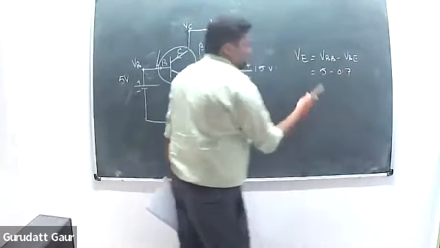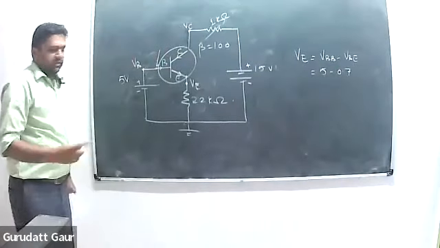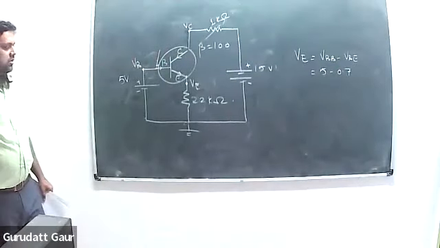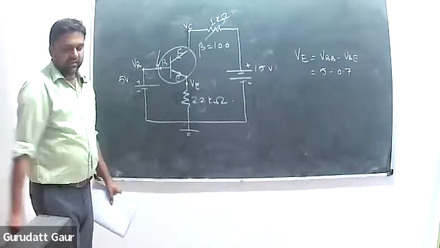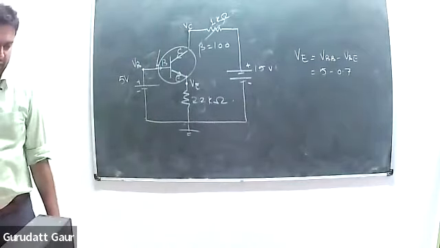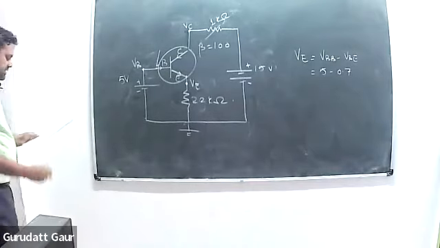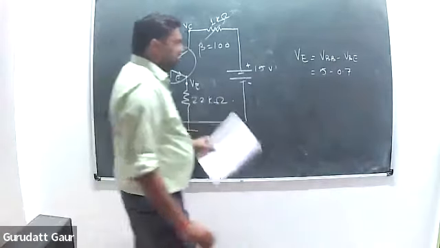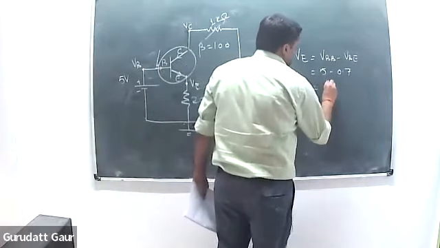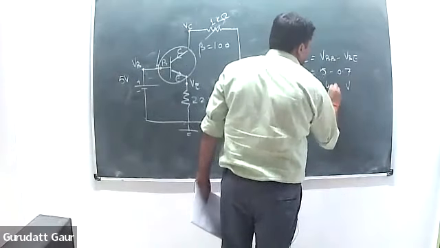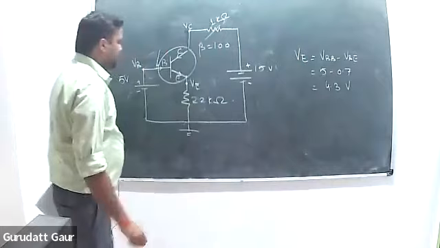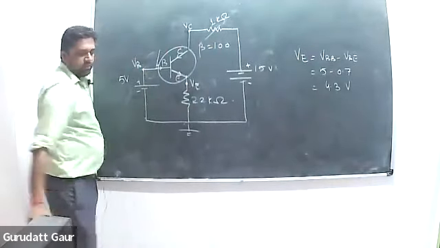Now we cannot ignore 0.7 because it is not 20 times. 20 times का मतलब क्या है? 5% से ज़्यादा error आ जाएगा if you ignore 0.7. 5% error is allowed for engineers. Physicists का पता नहीं. So VE comes out to be 4.3 volt. So this point will be at 4.3 volt.